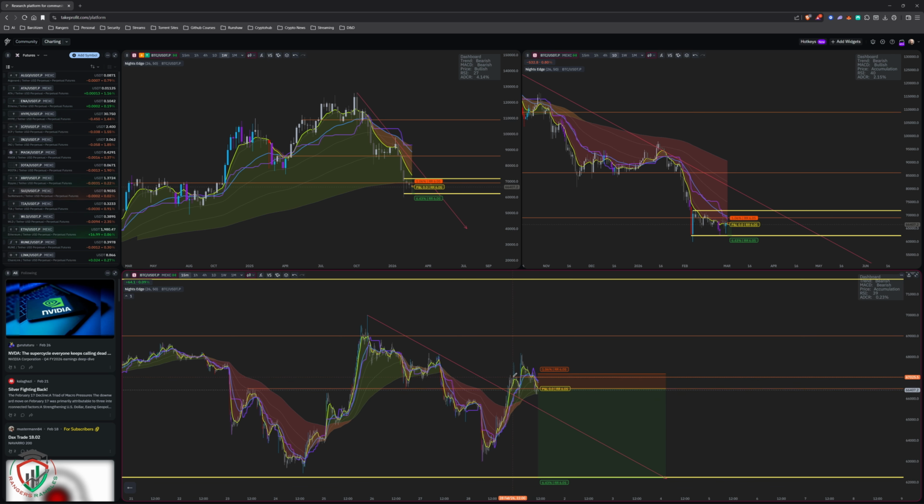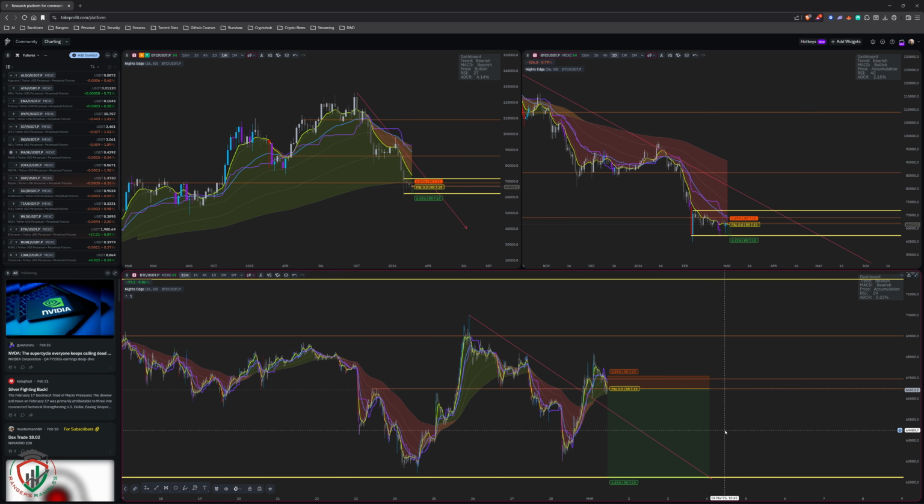Let's have a look. Probably just bring that down a little bit further, make it a bit tighter for a 7R trade. Okay, and that's how we very easily quickly identify a setup there.